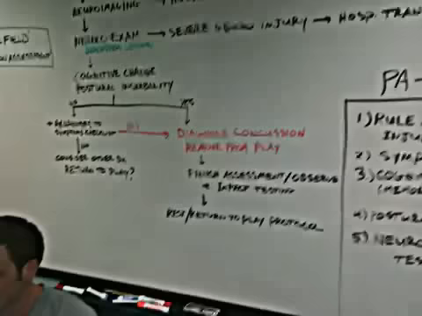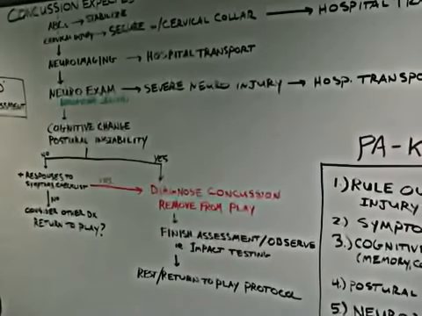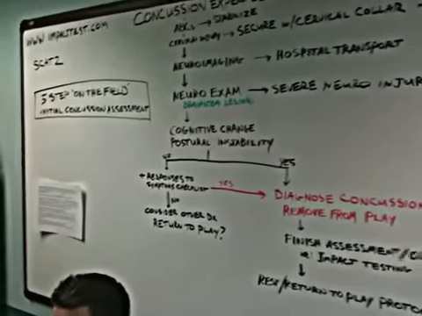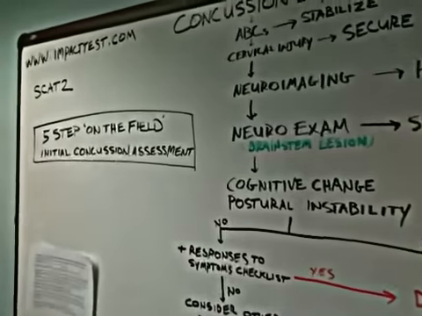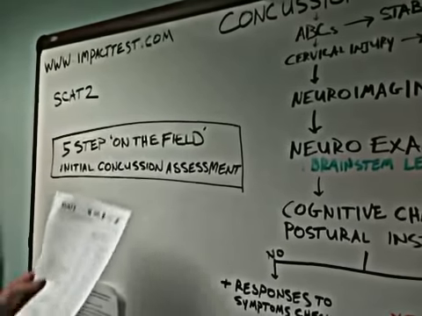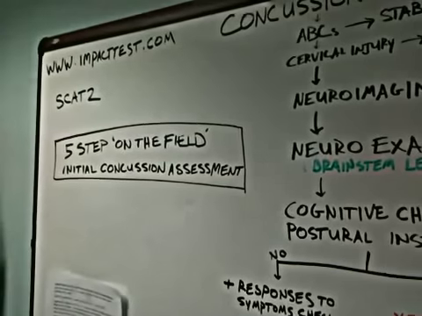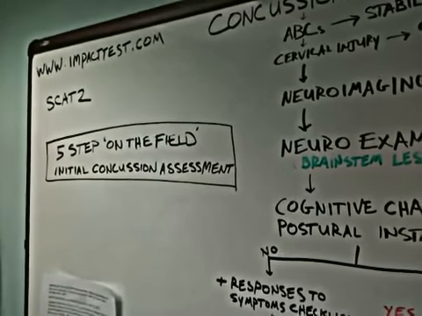There are 2 ways we like to do it. There's a couple of sideline assessment tools. One's called the SCAT-2 that I really like using, the Sport Concussion Assessment Tool 2. And you can see right here, you can print out the form online, just Google SCAT-2, and it's distributed to the public free of charge.